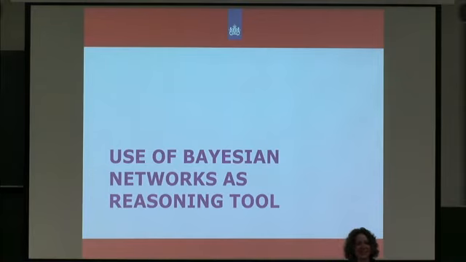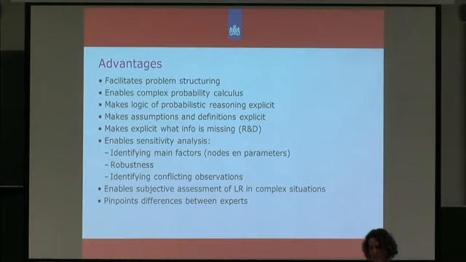What's the use of Bayesian network as a reasoning tool? There are many advantages, I think. For me, it facilitates problem structuring. I tend to like to use them. When you construct the Bayesian networks, you have to think about the problem, and it's useful. Well, obviously, it enables you to do probability calculus that is very hard by hand.